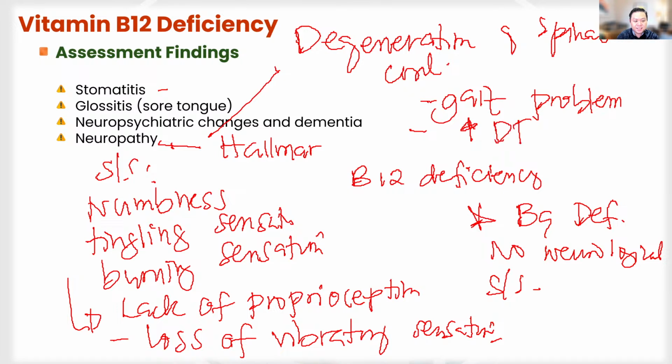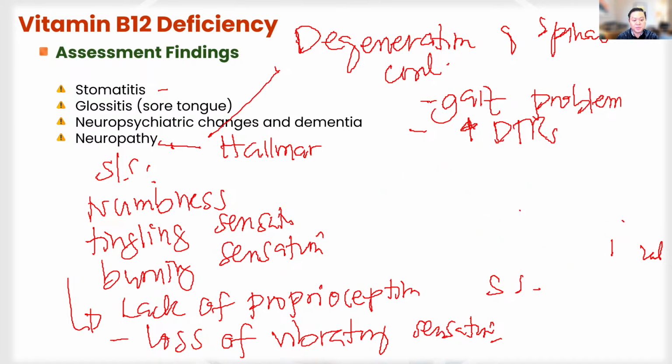Increasing DTRs. There's going to be some spasticity of the muscles and also some weakness, or could be the presence of the Babinski's reflex. Okay, let me add to that one.